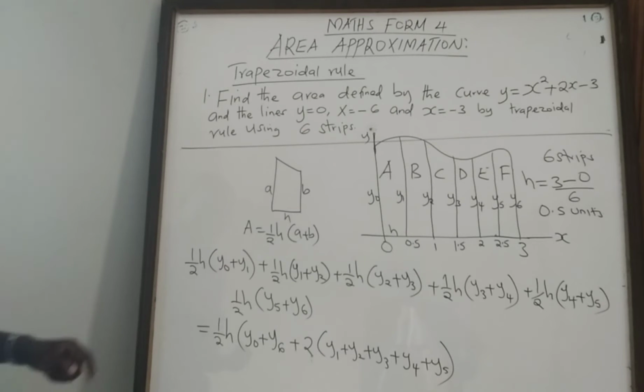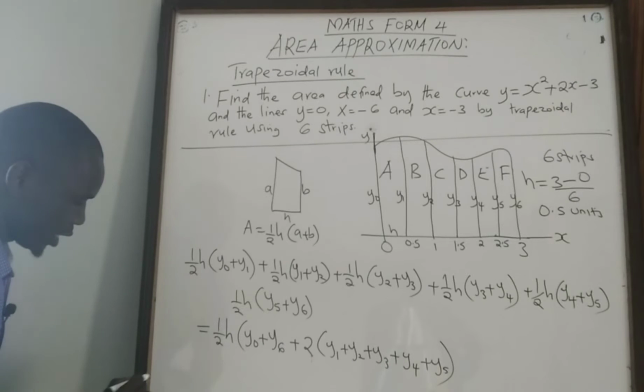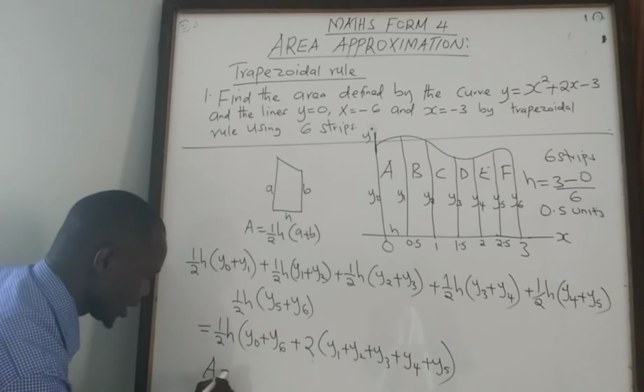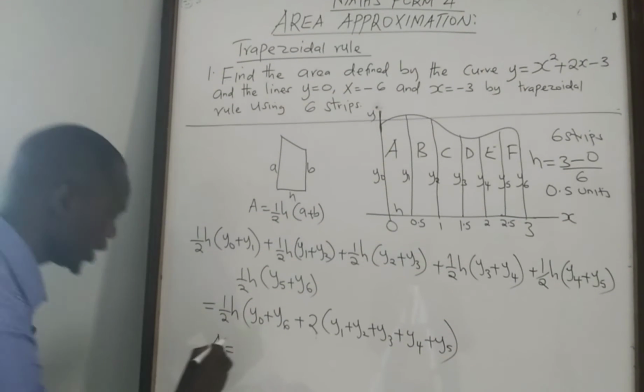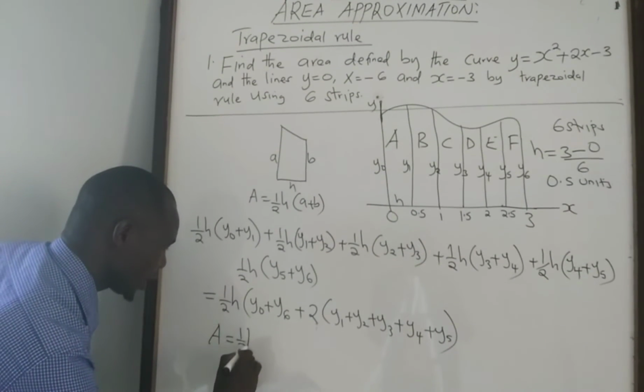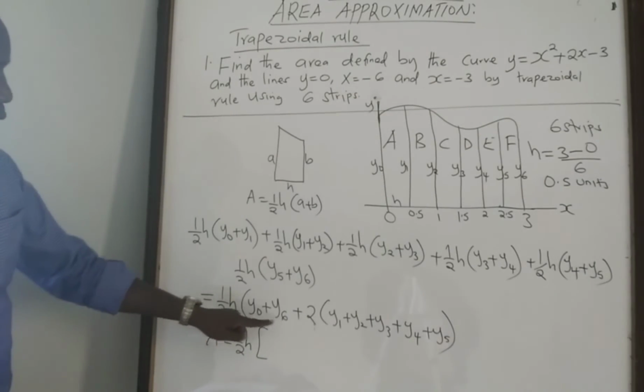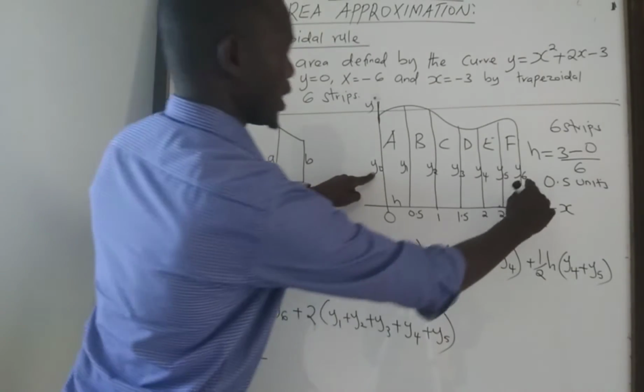From here, you can easily forget this formula here, and in summary, if for example you want to calculate the area, in the easiest way, you simply take half times the height into, if you look at y0 and y6, these are the ends.